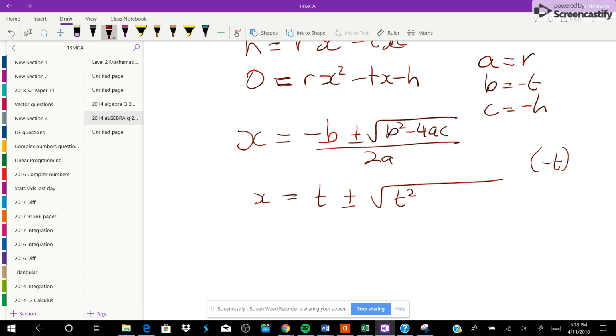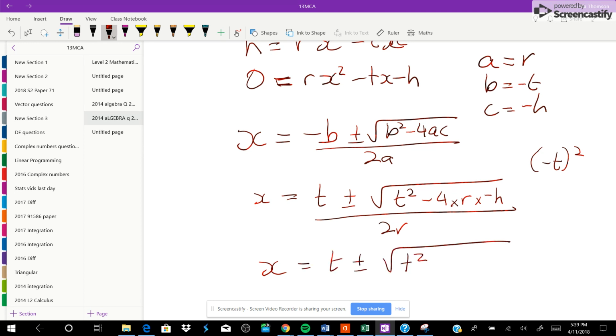It's negative t squared minus 4 times r times negative h, divided by 2r. So x is t plus or minus the square root of t squared plus 4rh, divided by 2r.